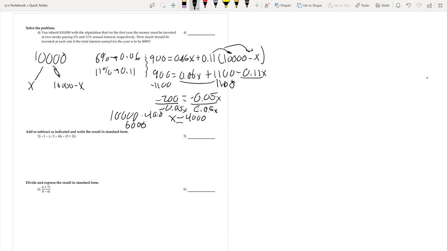So the way you would write this is 4,000 at 6%, 6,000 at 11%. And that is it for number 4.